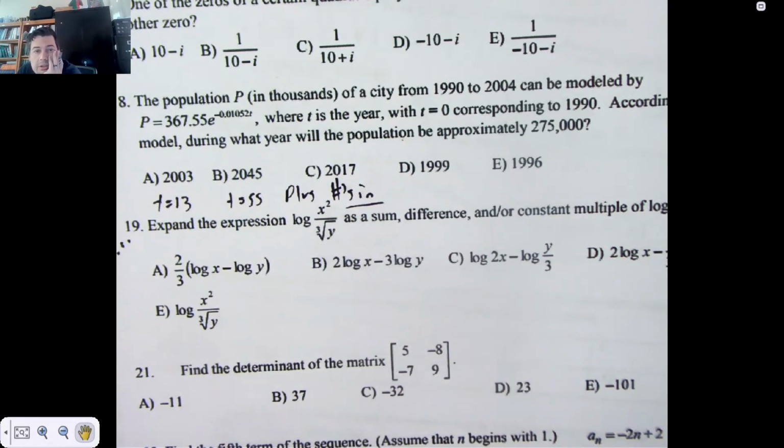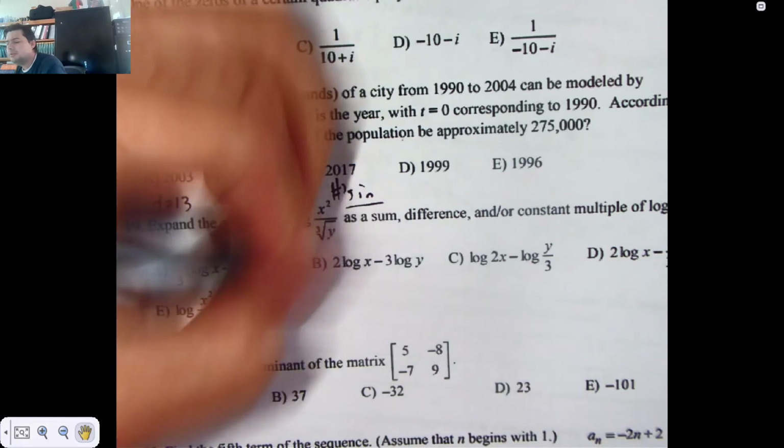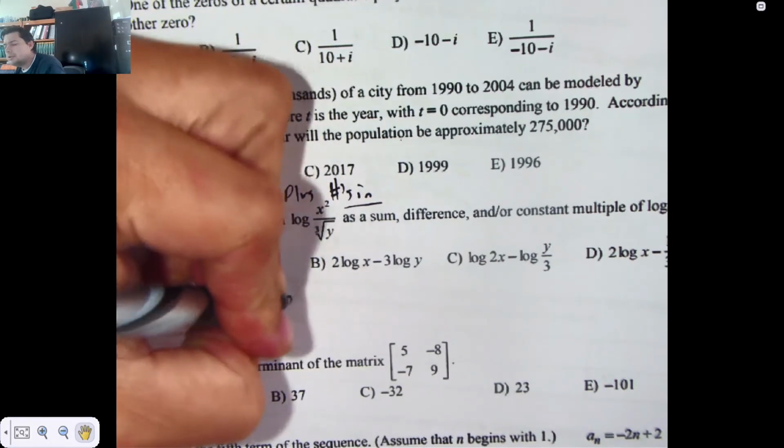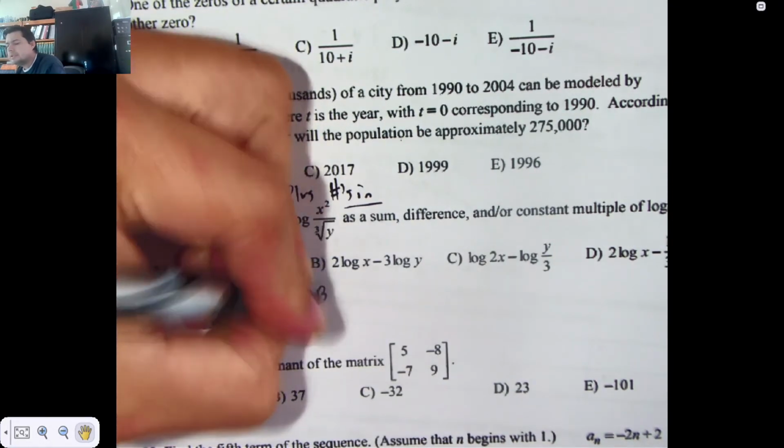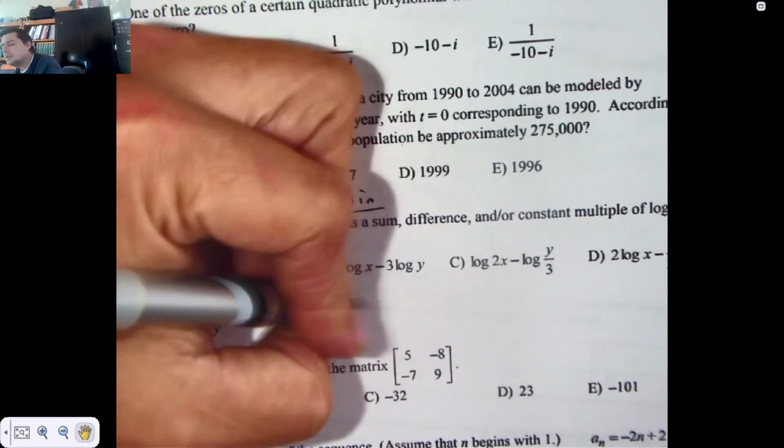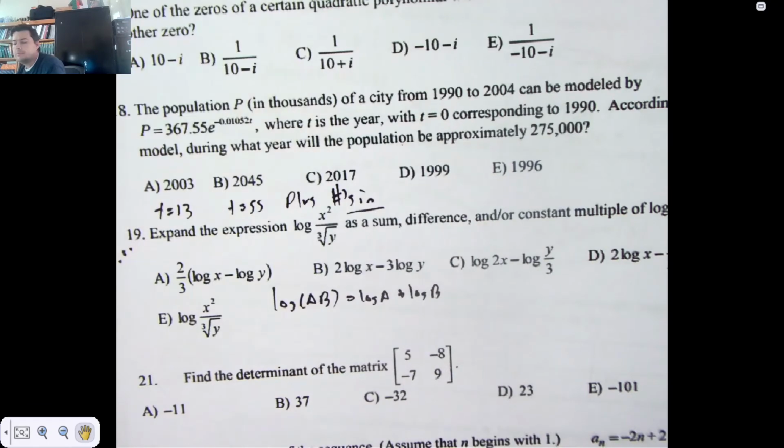19, expand the logarithm. Oh, well, here I was talking about logarithms. Expand the expression log of x squared over the cube root of y as a sum or difference and or constant multiple of logarithms. So there's 3 rules to these. There's actually 4 logarithm rules. A couple of you guys have memorized them all. You have a short version that the log of a times b is the logarithm of a plus the logarithm of b.